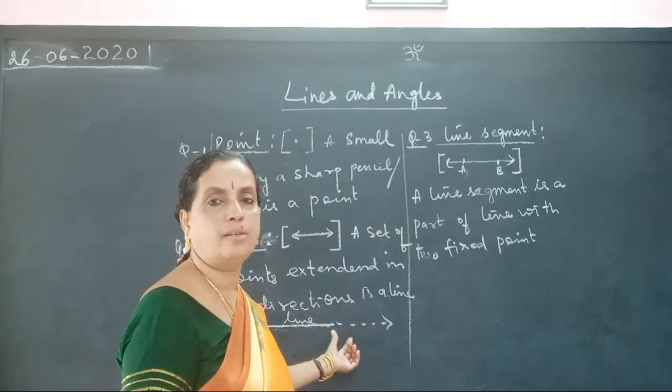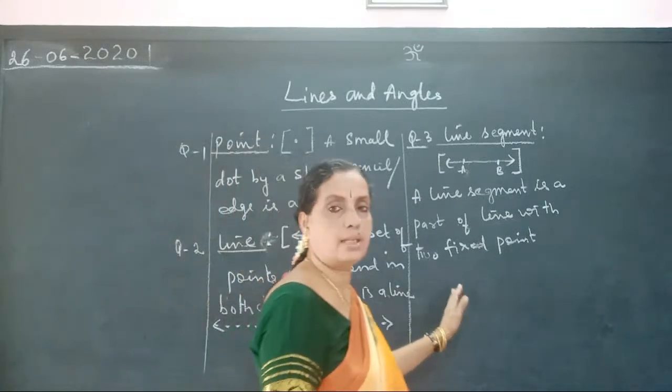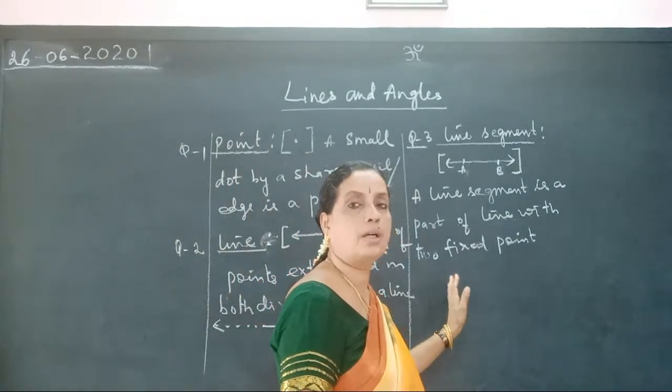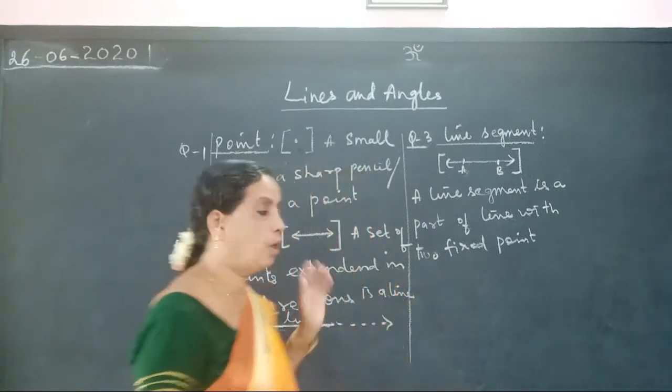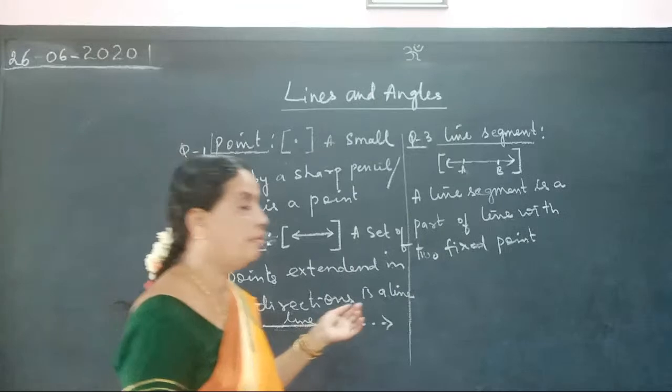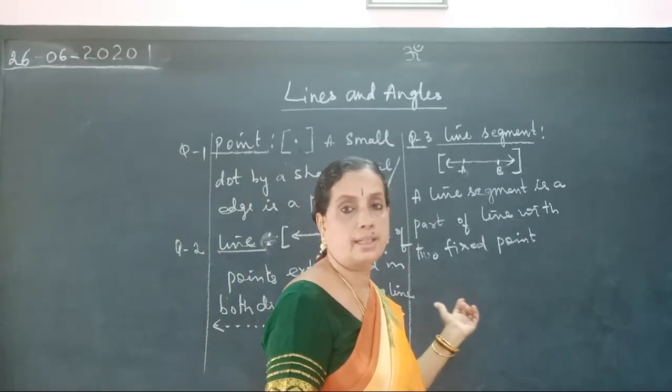A line is extended in both directions, with no fixed point. A line segment is a part of a line having fixed points, and we cannot measure a line, we can measure a line segment. Is it clear?